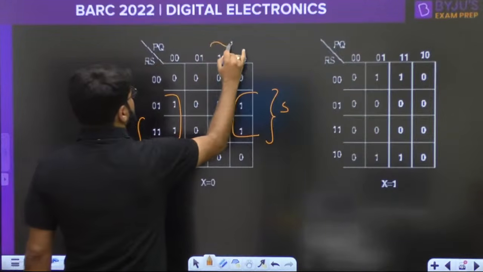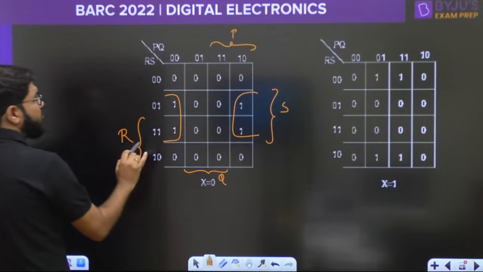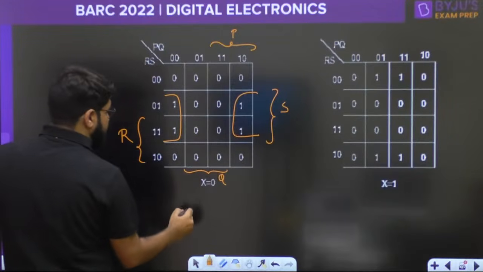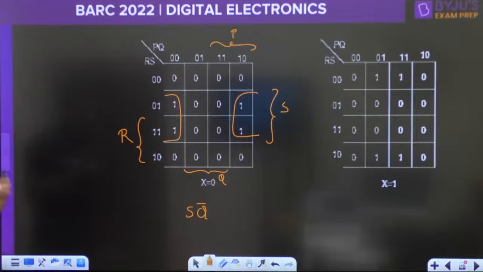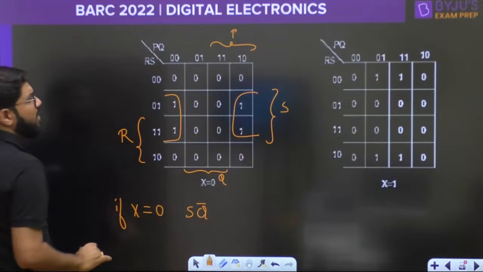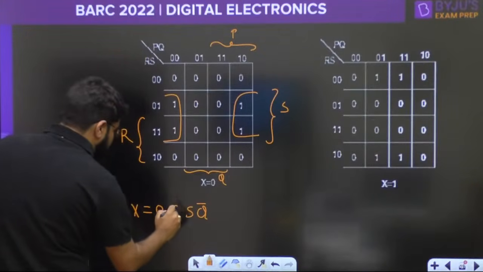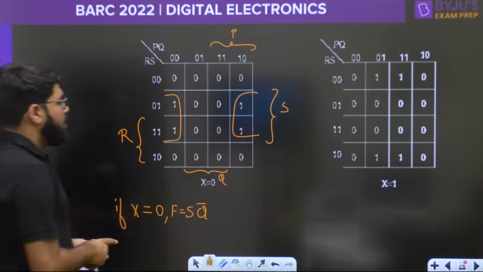And here it is PQ, so this becomes P and this becomes Q. So what is the answer for this K map? This quad belongs to S as well as outside Q. So S and Q bar, and this is the answer if X is equal to 0. If X is equal to 0, the output is S and Q bar, right?